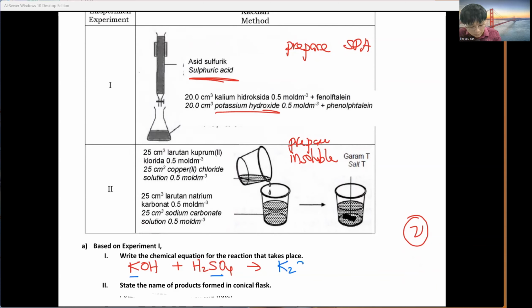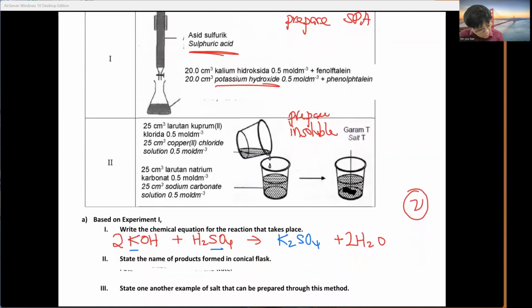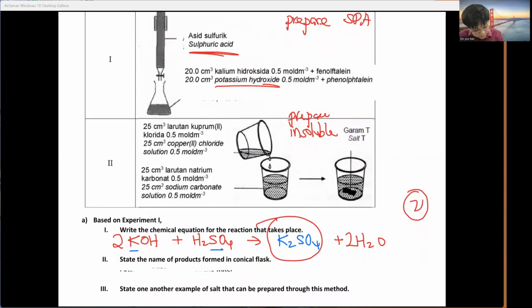You know how we guess the answer: the positive and the negative go together. So K and SO4, and then H and OH. Then you do the balancing. Okay, name the product formed. So we can name this one potassium sulfate solution.